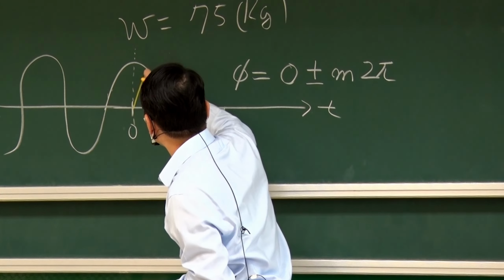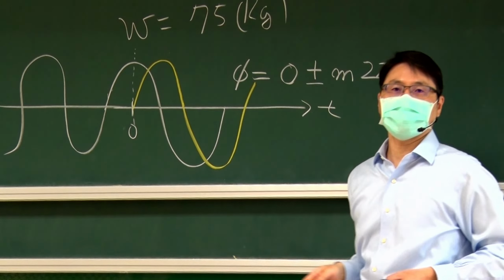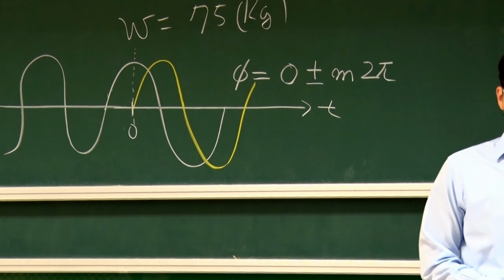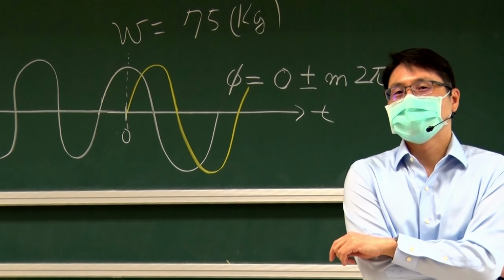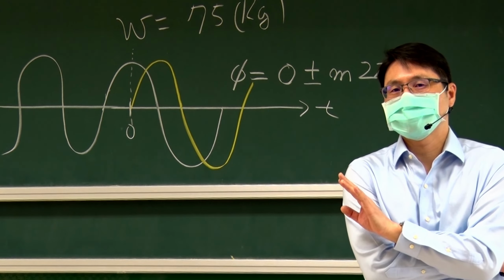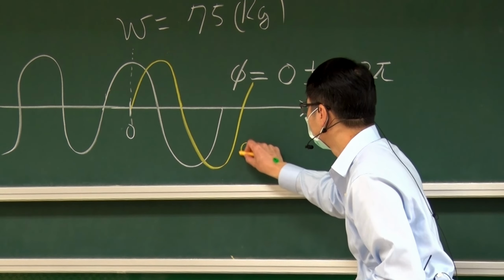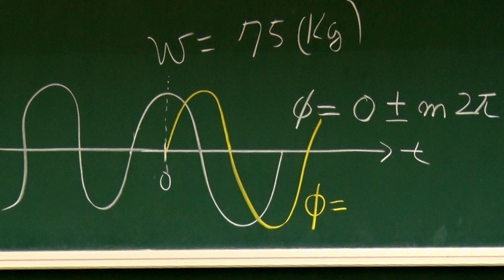I am going to draw something like that. Okay? For the yellow trace, how should you represent its phase value? Again, the same question. Are you going to like me or hate me if that question appears on your examination?